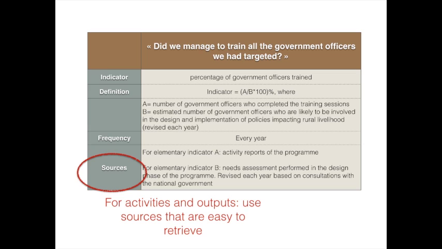So the lesson to retain here would be that for all the indicators that are related to the activities and outputs, it's better to use sources that are very easy to retrieve, that are about the direct implementation of your program, and for which you can ask your colleagues to collect that information when they are implementing their activities.